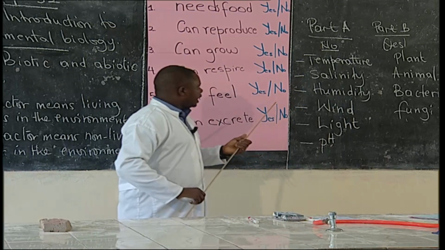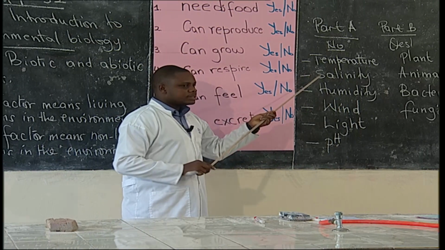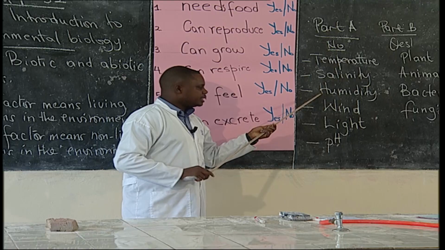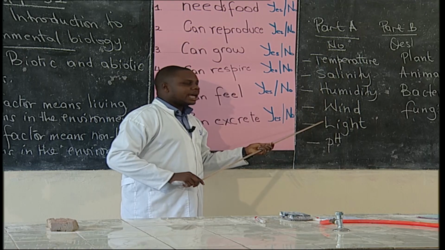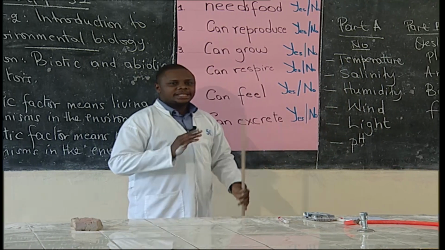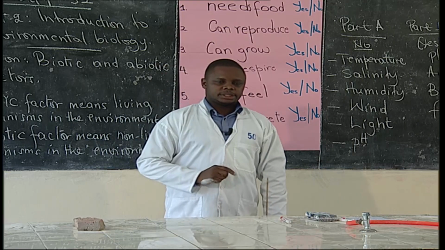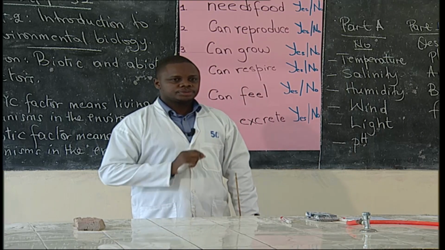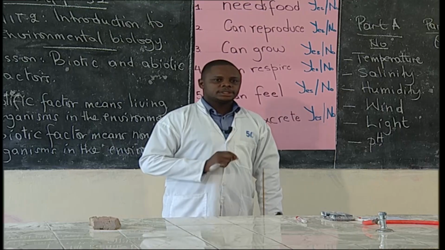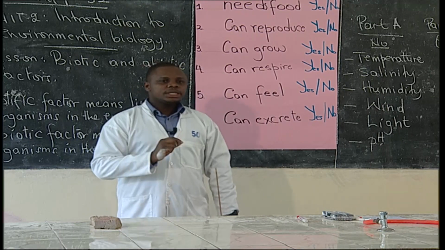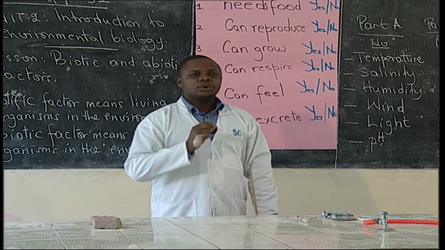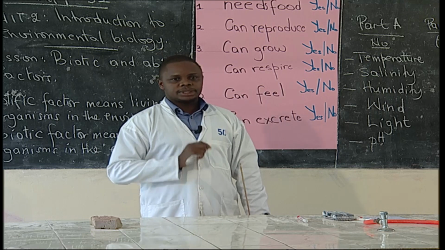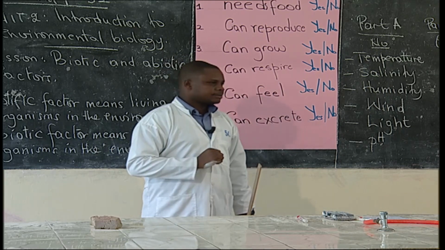Part A, we have temperature, salinity, humidity, wind, light, and pH. These are non-living because they don't grow, they don't feed, they don't excrete, and they don't sense the environment, plus other factors.